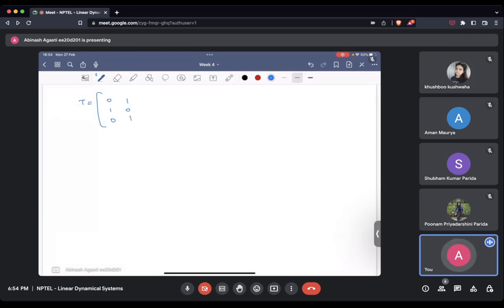Now tell me a vector which is linearly independent of these two. So maybe 1 1 0. Okay, let us just verify once whether we can write 1 1 0 as a linear combination of these two.